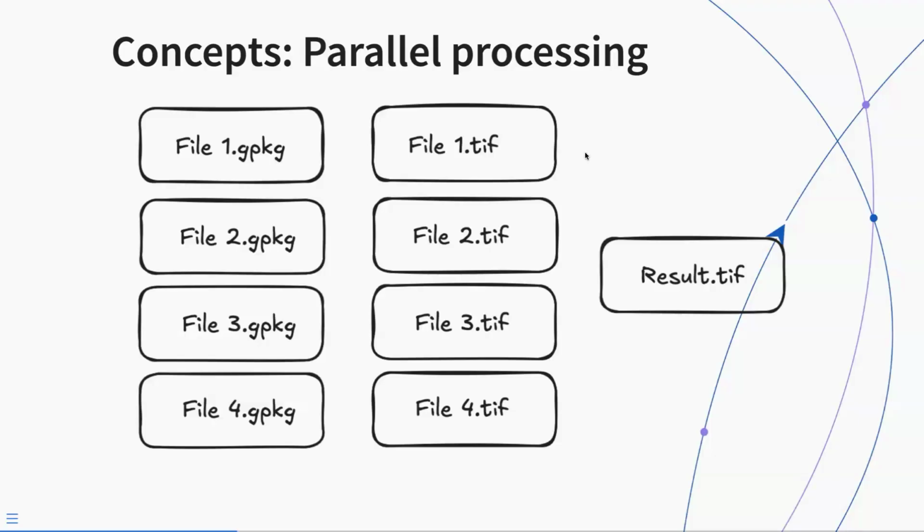So here's an example, and there's a more concrete example in a second. There was a workflow I was working on a number of years ago at Fisheries and Oceans Canada, where we were literally provided hundreds and hundreds of files, and we were rasterizing those files and then combining them into some result.